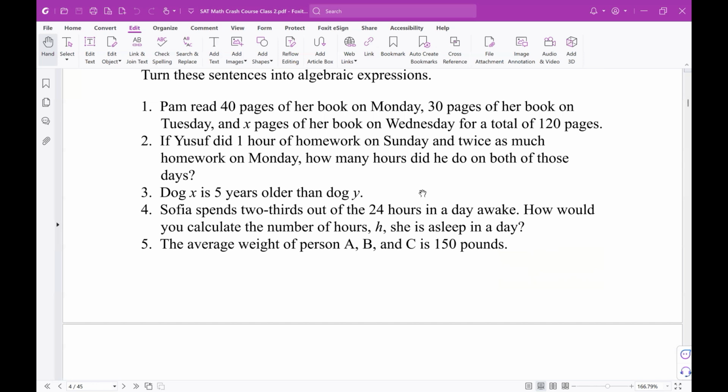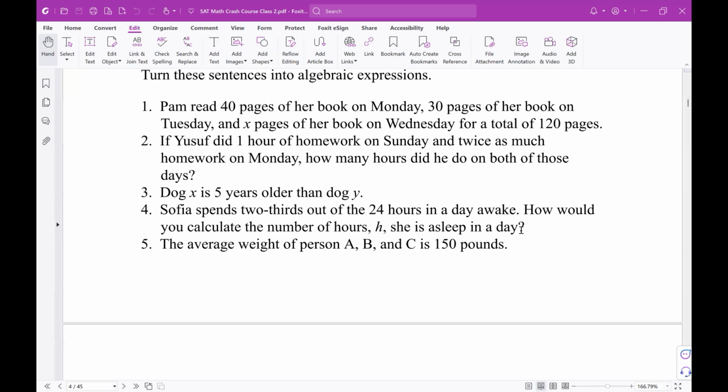2 by 3 into 24. How would you calculate the number of hours she is asleep in a day? The total number of hours in a day is 24, right? If you can find out the time that she is awake, then you can find out the hours she is asleep.